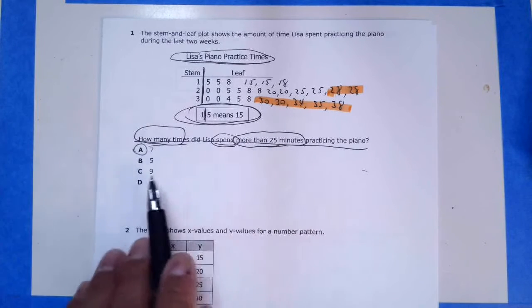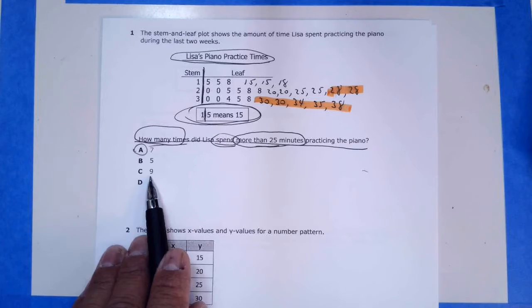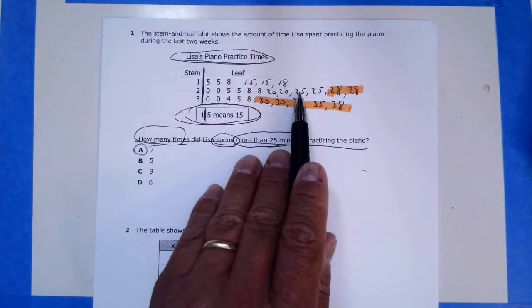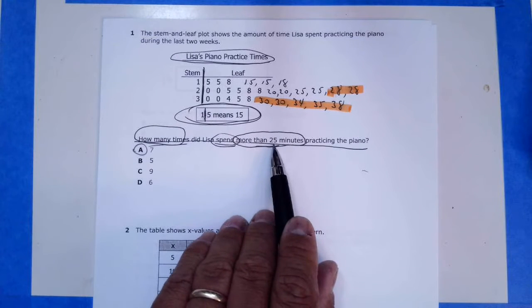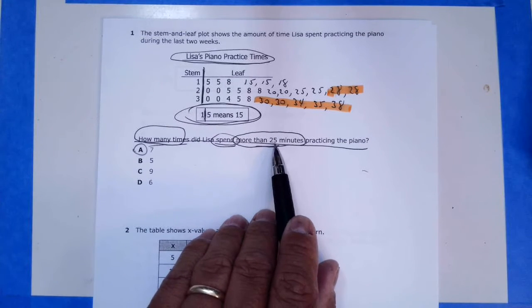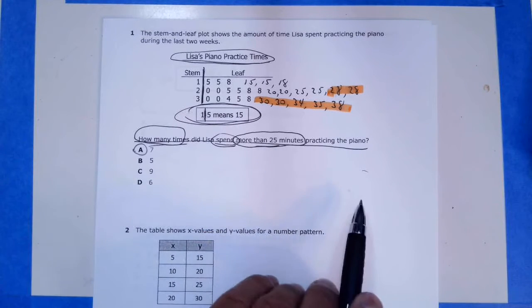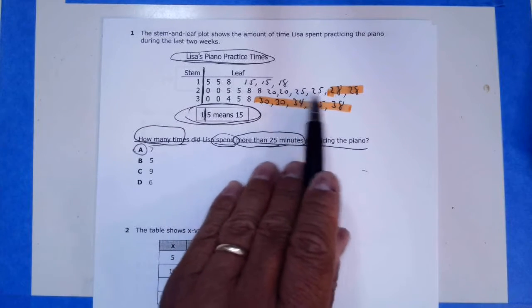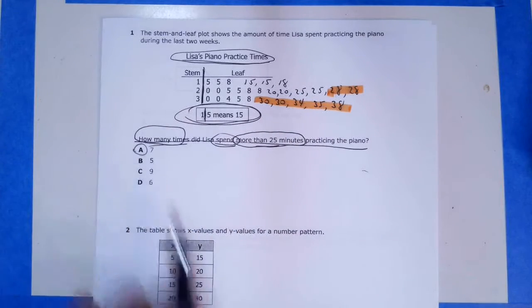Some of you might have put letter C for your answer, but it says more than 25 minutes. 25 is not more than 25. That is equal. 25 is equal to 25. That's why I did not include these. That's how you get your answer A, 7 times. Let's go on to the next one.